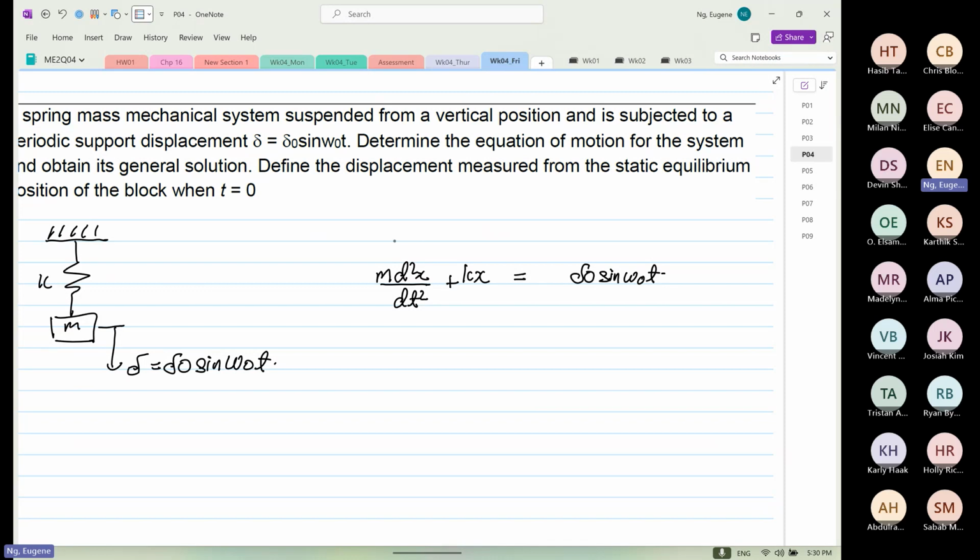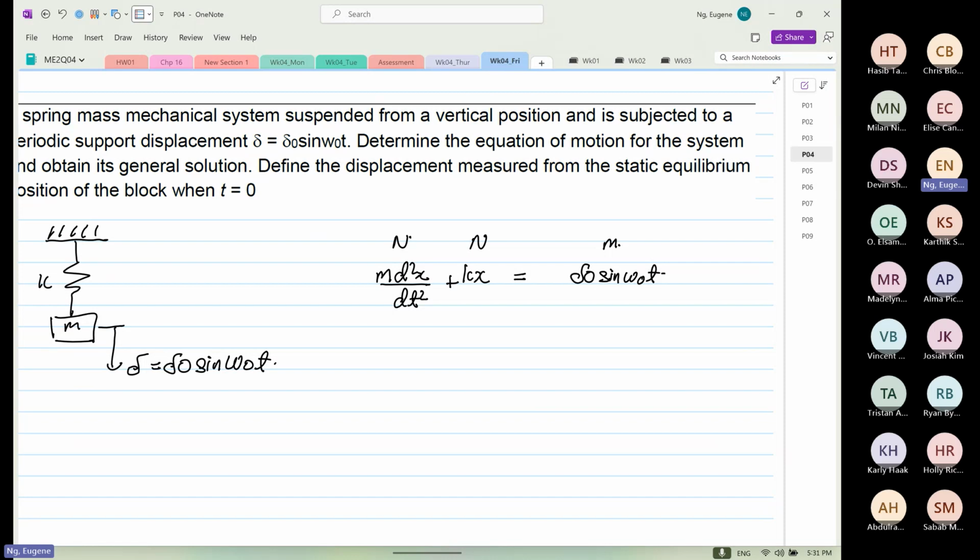We know that this is in Newton, this is in Newton, this is in what? Meters. So it's wrong. The only way to correct this is to look at what you have on hand. If the left hand side is Newton, the right hand side has to be Newton also.